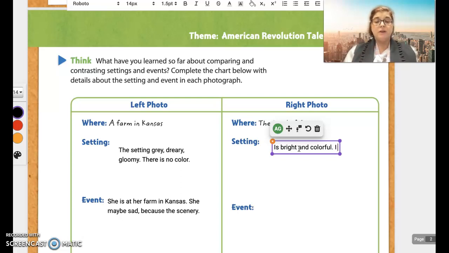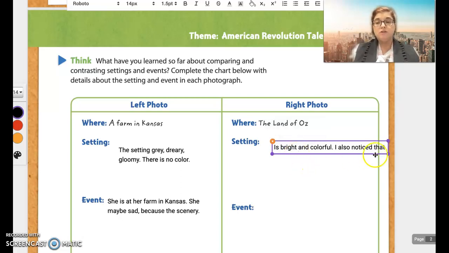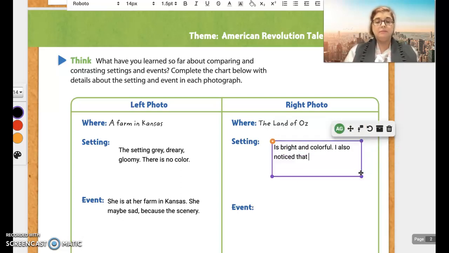I also noticed that one of the characters looks sad.